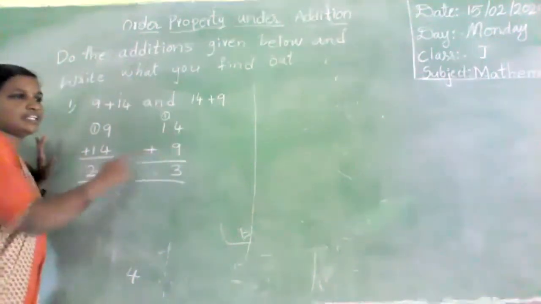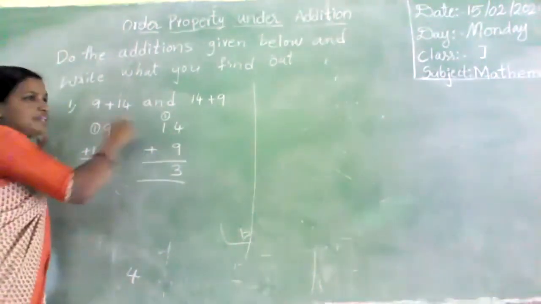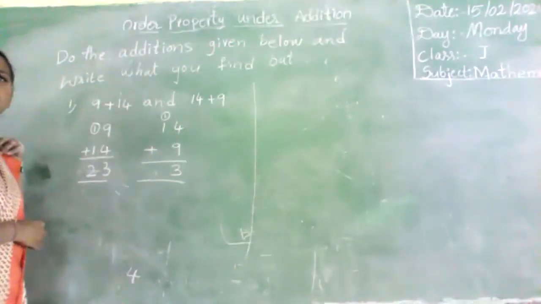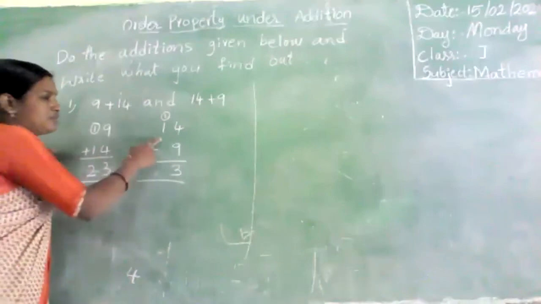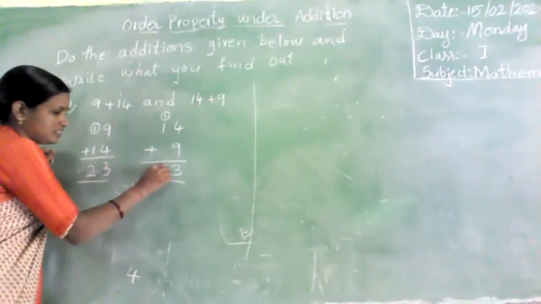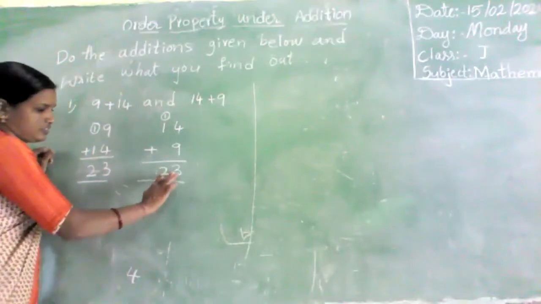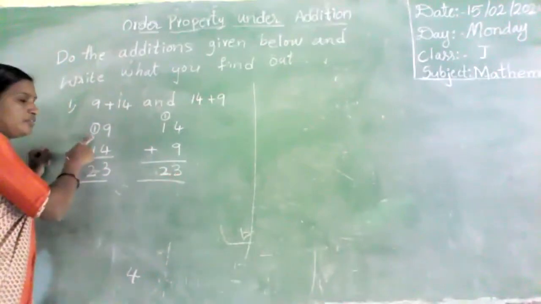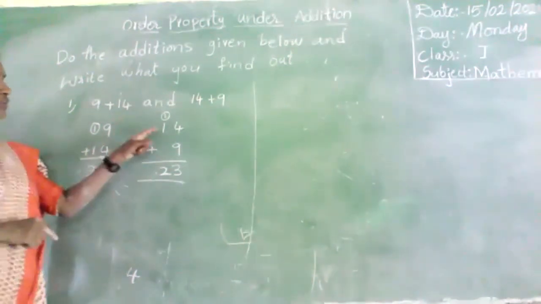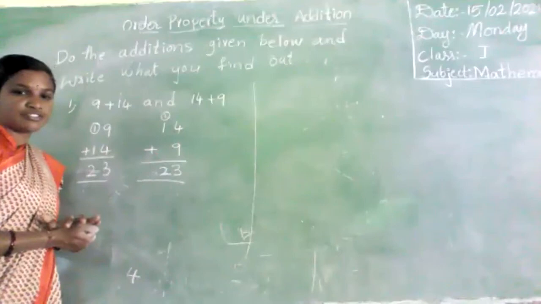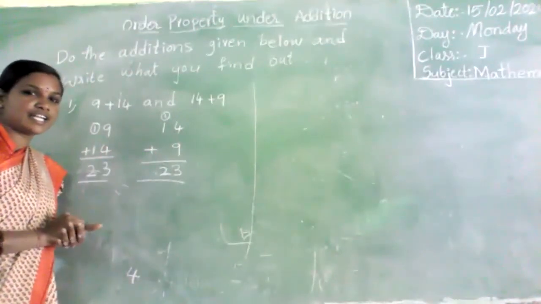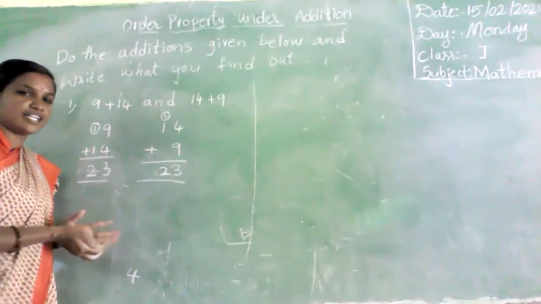Next 1 plus 1, 2. So what do you find, children? 9 plus 14 is equal to 23. 14 plus 9 is equal to 23. We change the order, but the answer is same.